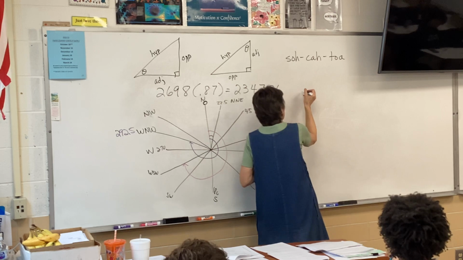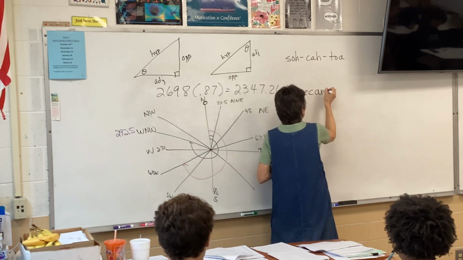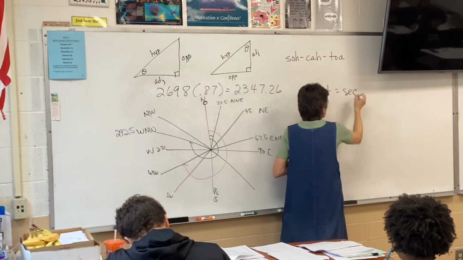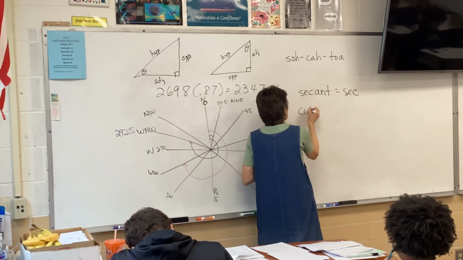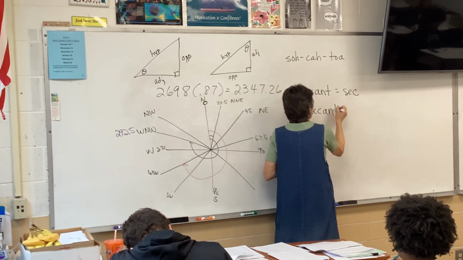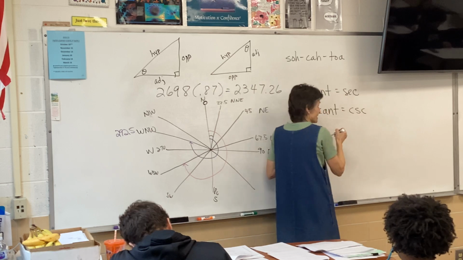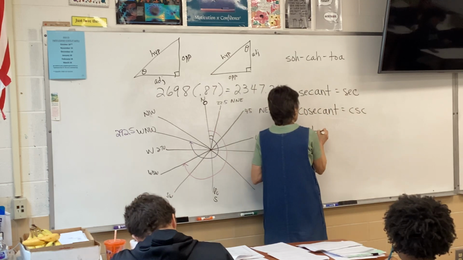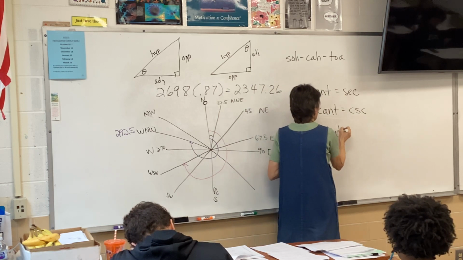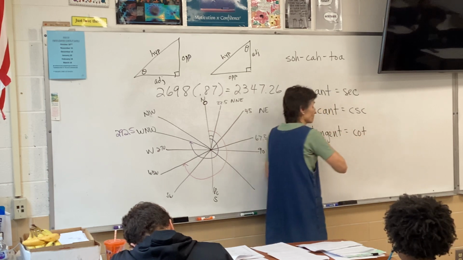So we have secant, which is abbreviated SEC. We have cosecant, which is abbreviated CSC. And we have cotangent, which is abbreviated COT.